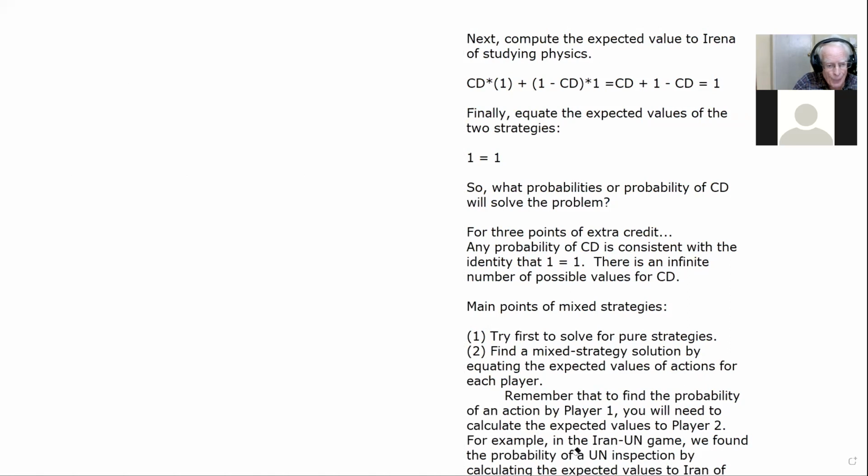I will copy that last point over here so that you can see it on the screen.